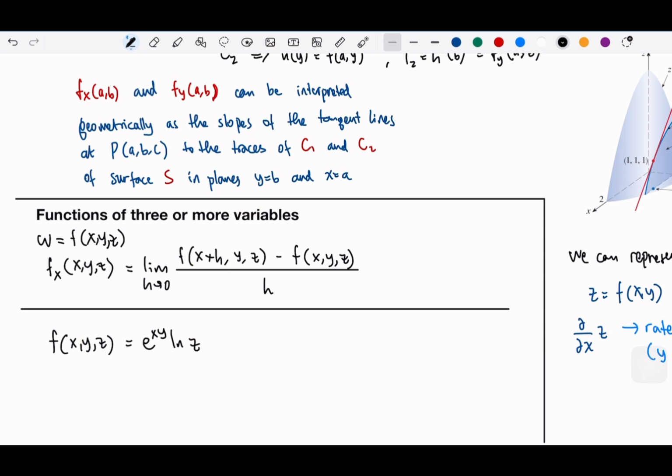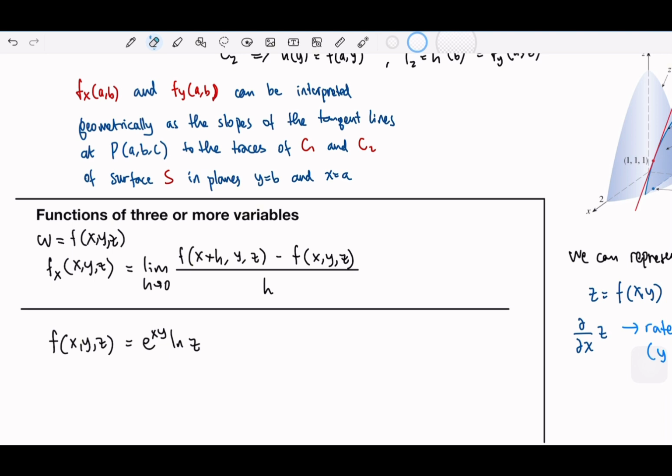And it will be the same way if we increase the number of variables, maybe 4, 5, 6. It means that when we take the partial derivative with respect to x or y or z or whatever variables you have, you are going to treat the other variables as constants.